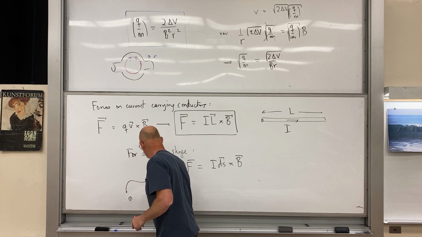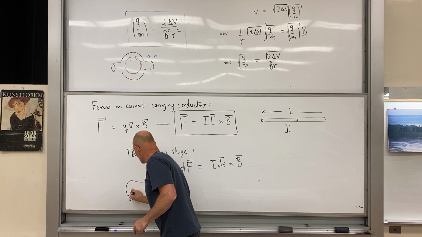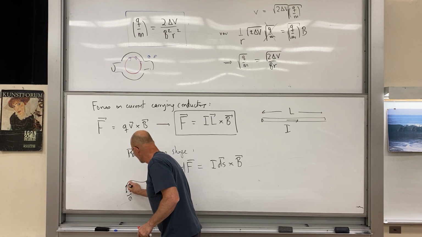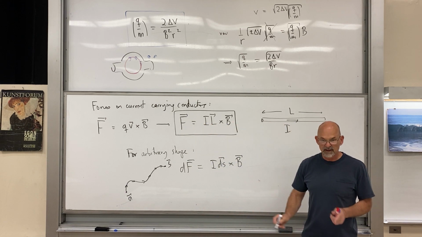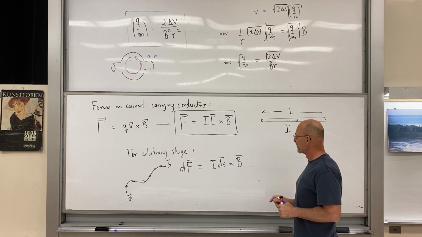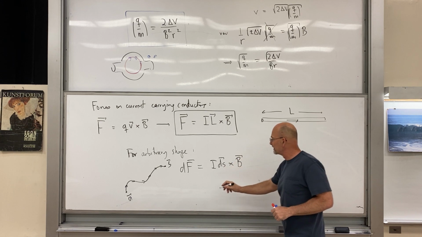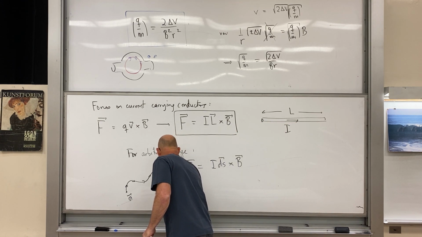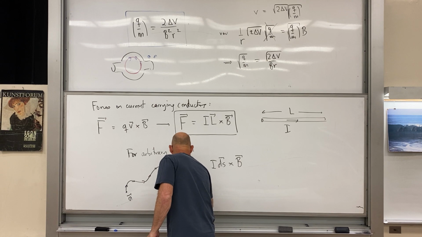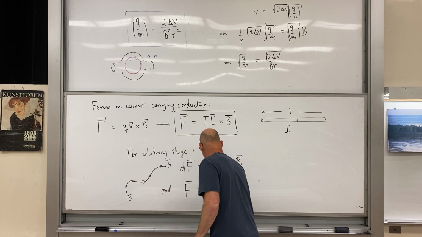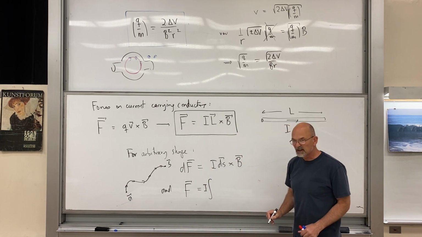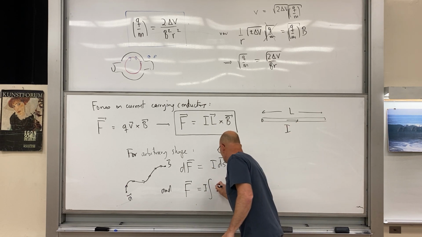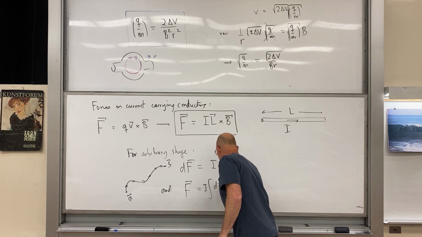It starts from here, ends up here. Those are 2 points in space, and it's carrying a current. It's very common to bend the section of wire into different shapes. So for an arbitrary shape, the total force would be the integral, and we can pull the current out because we are still discussing a constant current: I integral ds cross B.